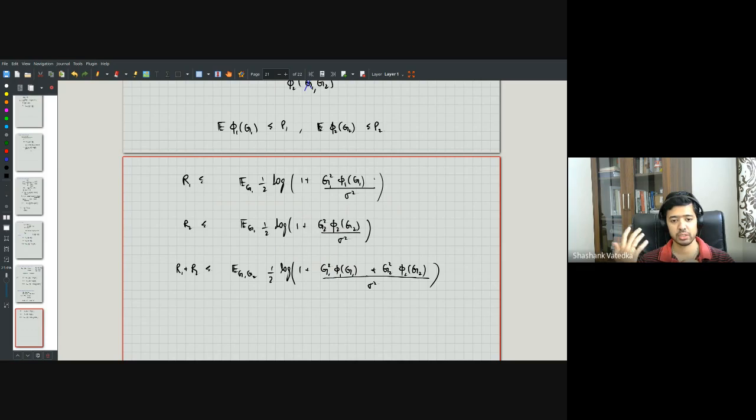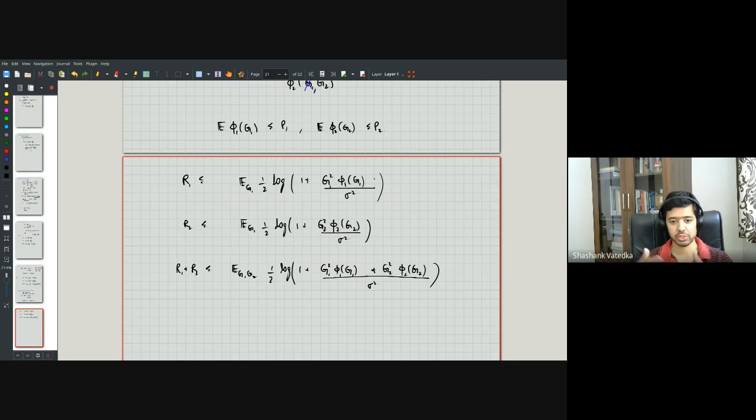But as soon as the channel has memory, so if it's a frequency selective fading channel, or you have some more complications where the channel is not stationary and ergodic, then things completely change. So you cannot apply these expressions just directly to say that this is the achievable rate region or the capacity of a particular channel. So you have to be careful in what your assumptions are.